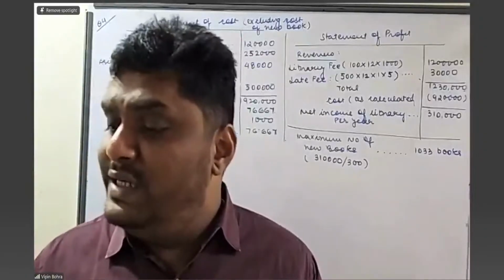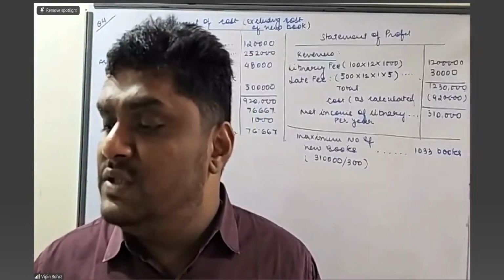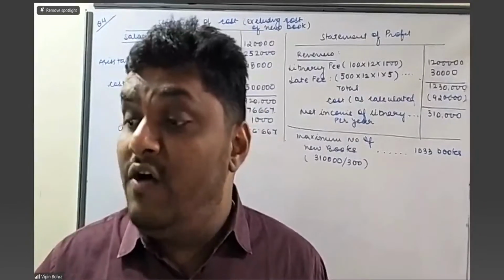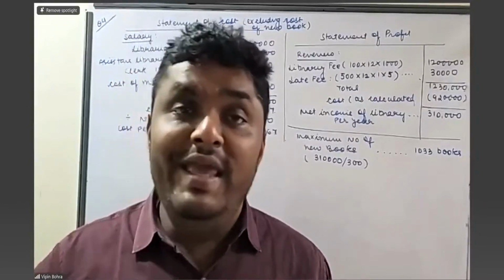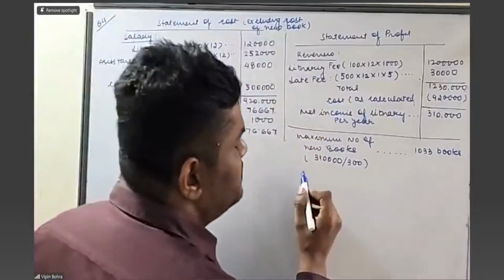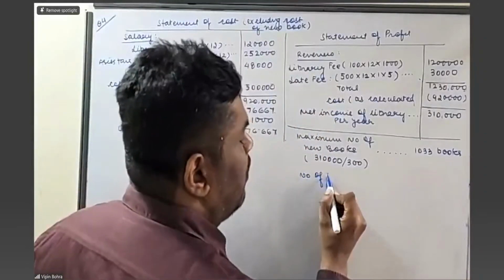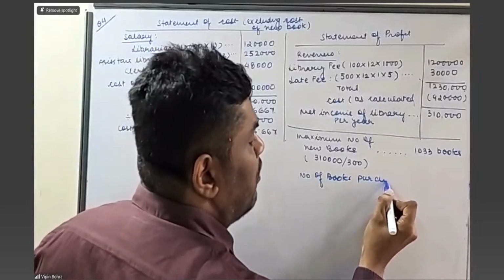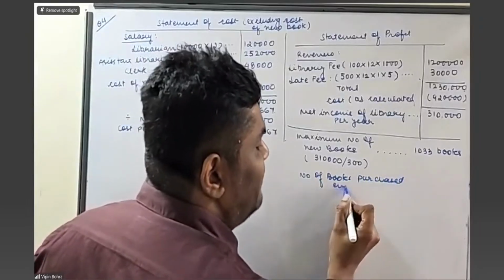Now the next point is how many excess books are being purchased by the library per year. Now see here in this question it is given number of books purchased per year. How many books do they purchase in a year? 1200. So how many extra books? Number of books purchased every year.